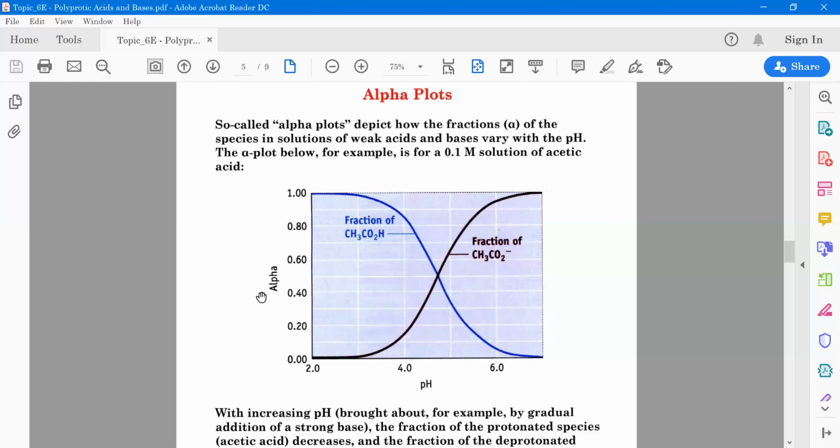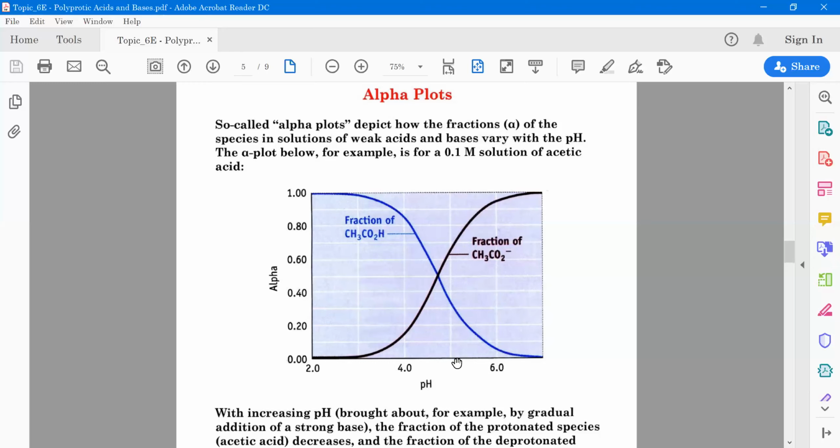Its alpha portion of the 2 possible species. Eventually, when you get to a certain pH, right here, the concentration of acetic acid and acetate are exactly equal. That pH, it turns out, is the pKa of acetic acid, and I'll show you why in a minute.